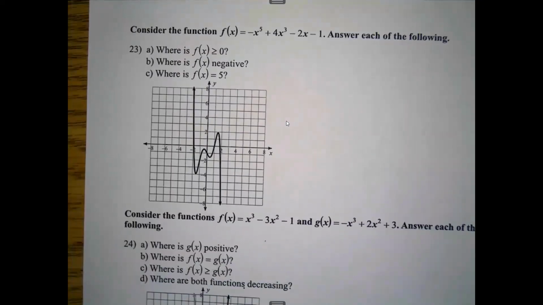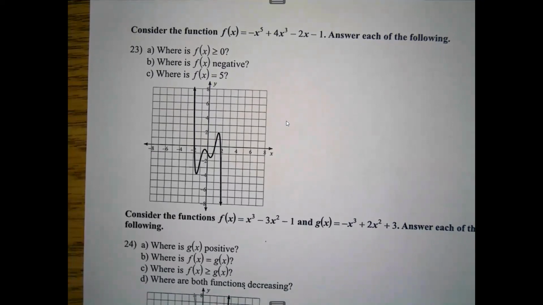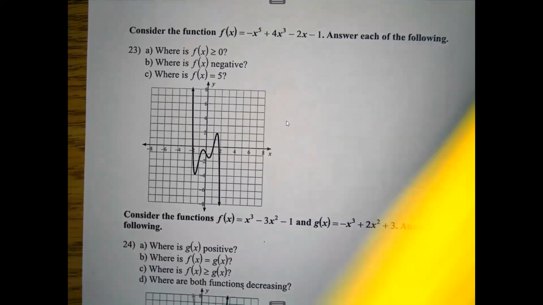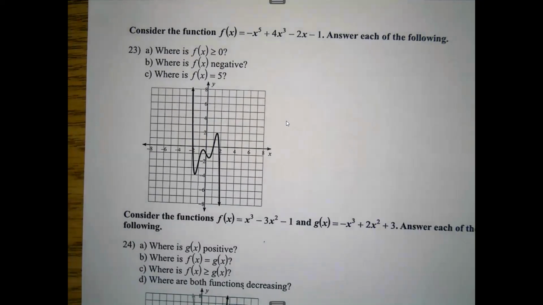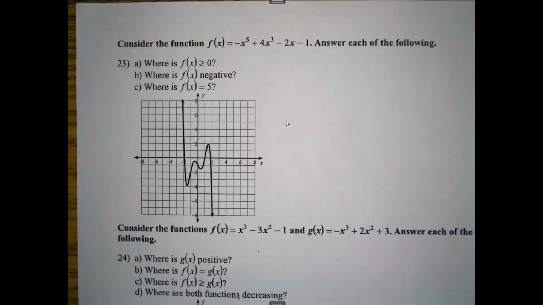So you can use colored pencils or markers or whatever, but let's go ahead and grab some colors so that we can make these problems make sense. You'll need 3 colors to do the problem. So go ahead and grab 3 colors that you're going to use to do the problem for 23.